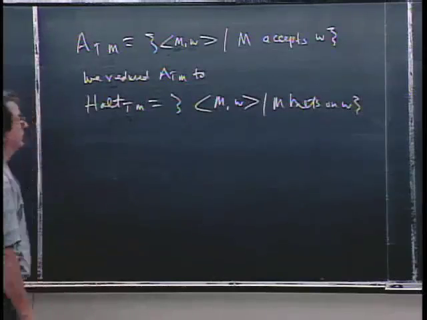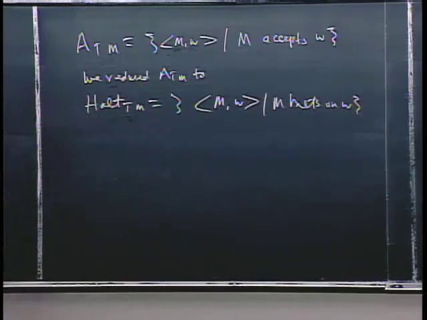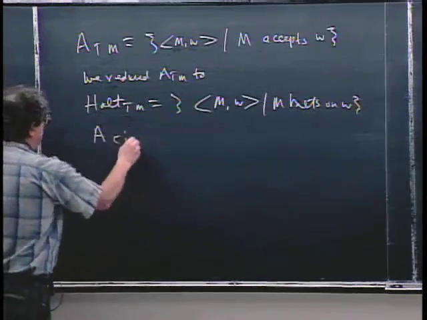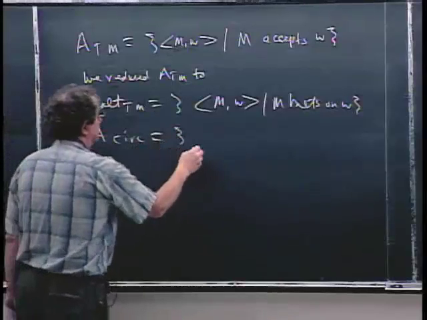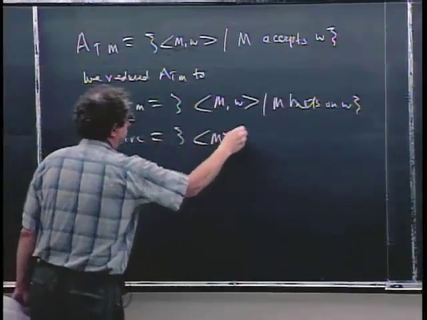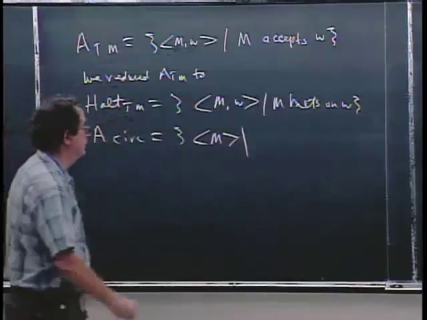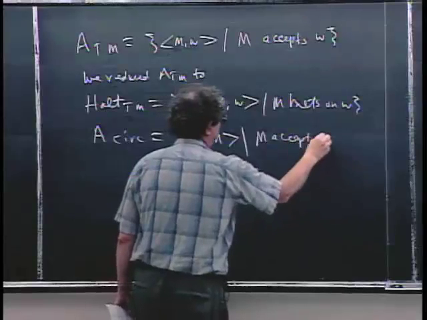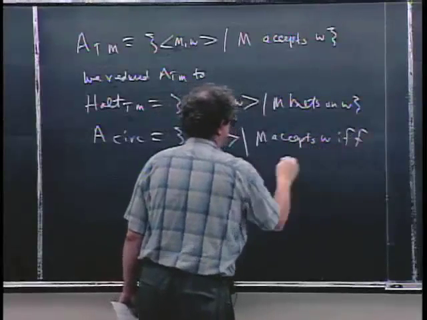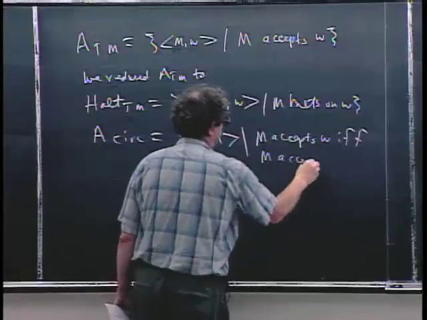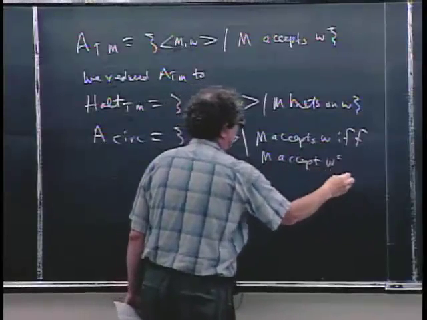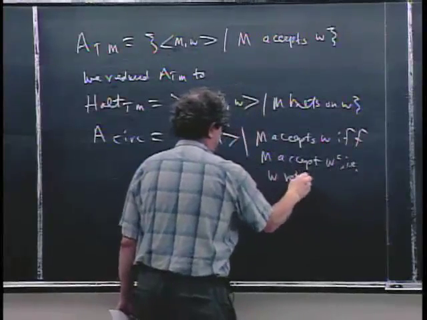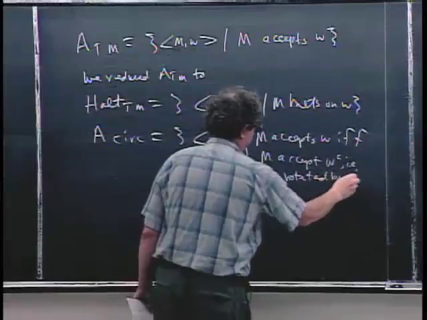We also then did one that was not in the book. This one is in the book, and then one that's not in the book, I think I called it ACIRC. It's the set of descriptions of Turing machines M such that M accepts W if and only if M accepts W circulated, i.e. W rotated by one position.